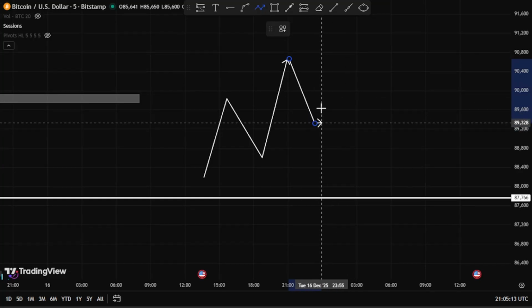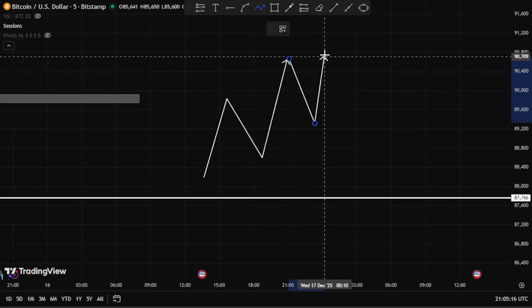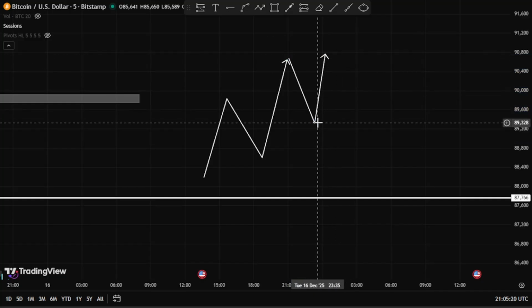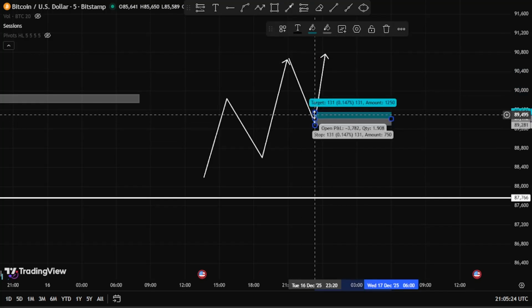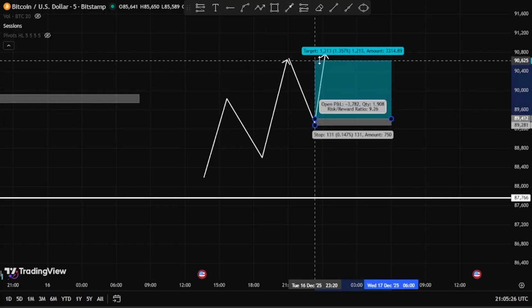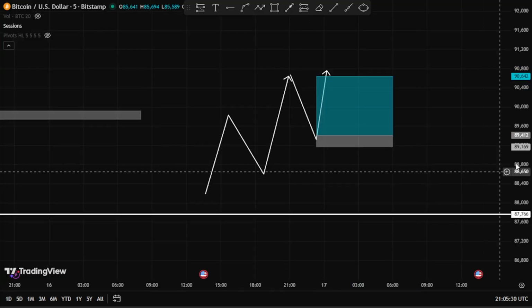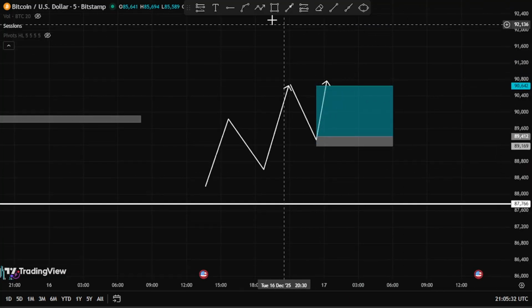Then you join the trend when price gets above this, or sometimes you just join if your confluences are enough. You join here, and that is how you're able to catch price, not only from here, because remember, when price is trending, it's going to be making higher highs and higher lows, right?